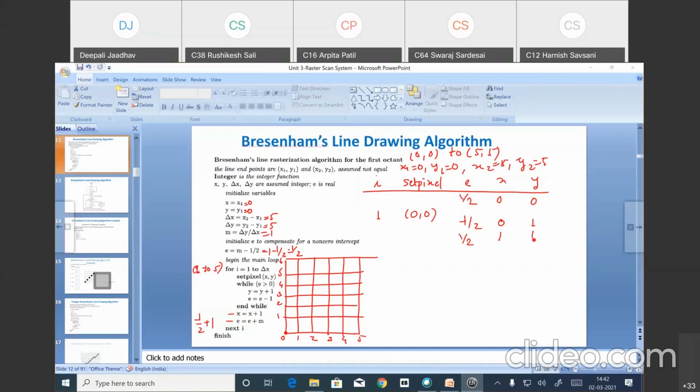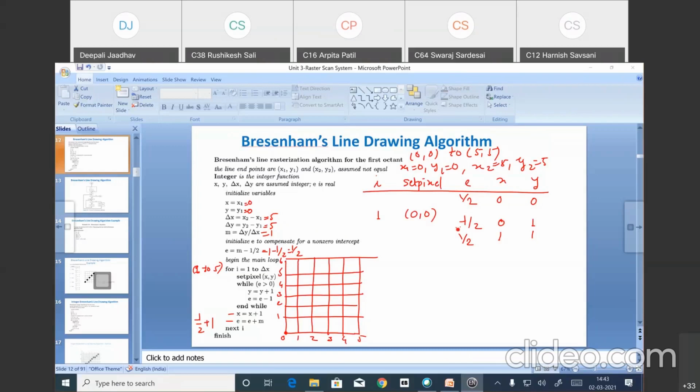See, once again I am explaining this loop. Begin with this main loop. For i is equal to 1, set pixel x, y, whatever the value of x, y. Then check whether E is greater than 0. Yes, E is positive. So if it is positive, increase the value of y by 1. E is equal to E minus 1, it becomes minus 1 half.